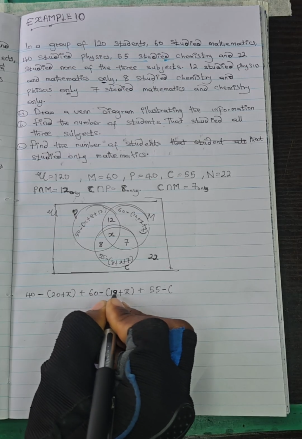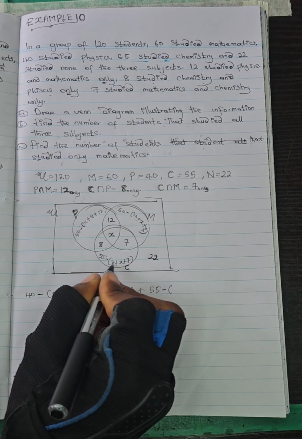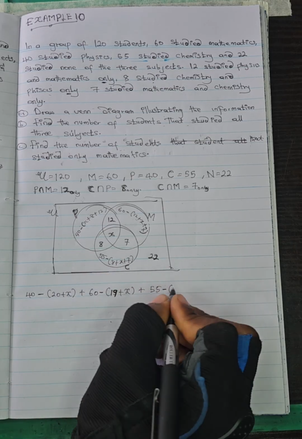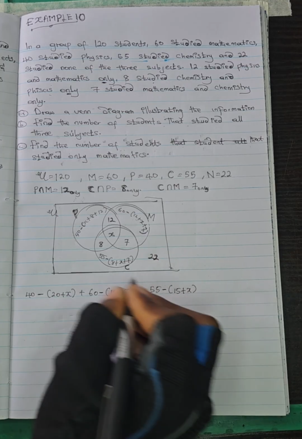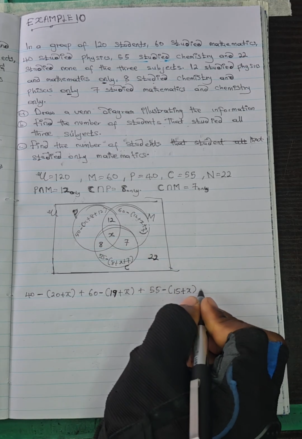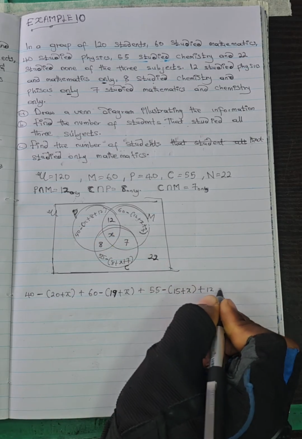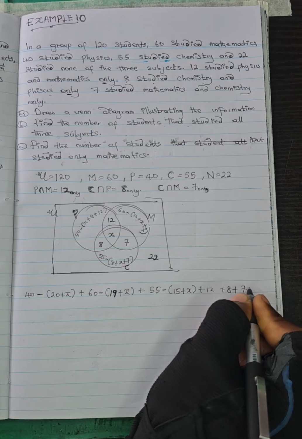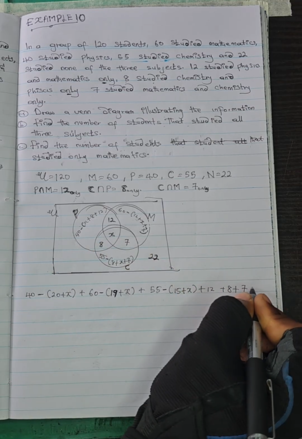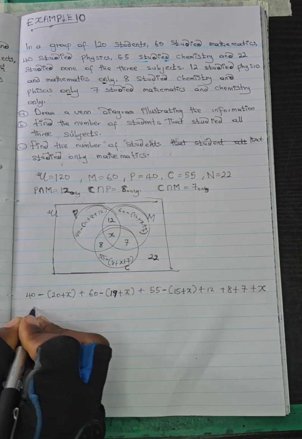So here is 19. 7 plus 8 is 15 plus X. Then we'll now go to the second one. Plus 12 plus 8 plus 7, then plus finally the middle one, which is X, will be equal to what?